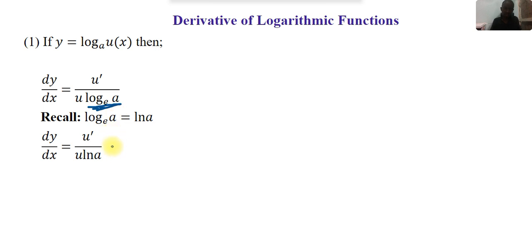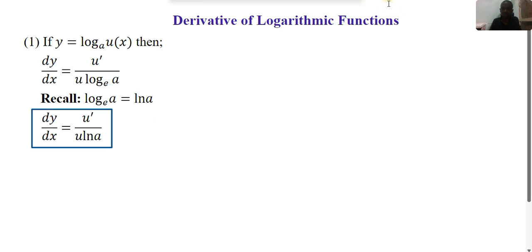So that's why we have it written this way. So we'll be making use of that as our formula. All right, so either you have it in the first format, or you have it this way. What I prefer is this last one.